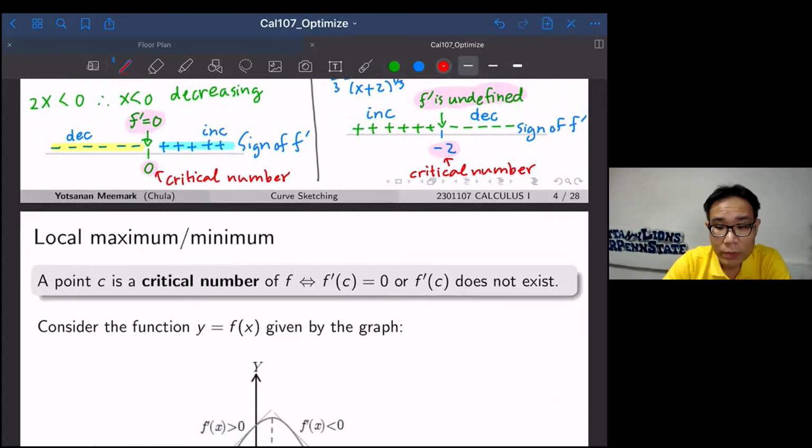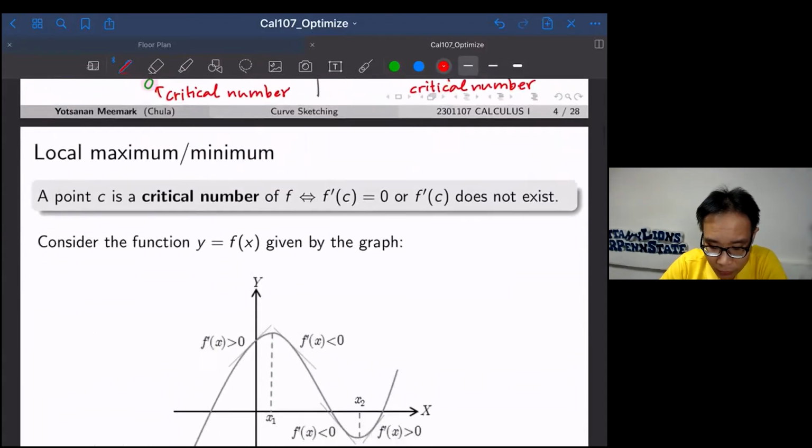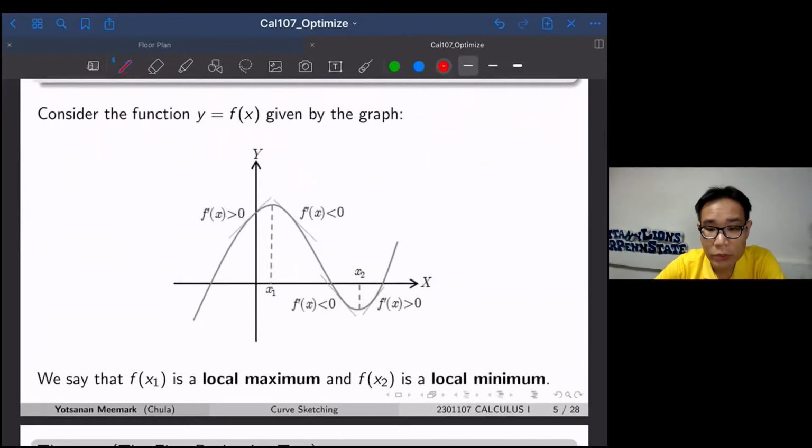For the local maximum and local minimum, you see that if you have this graph, the graph is increasing until x1, and then it changes to decreasing. Then it's again increasing from x2 to infinity.